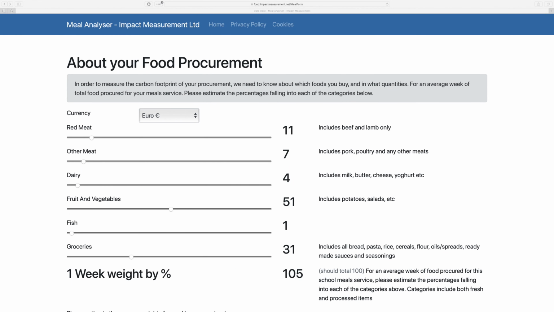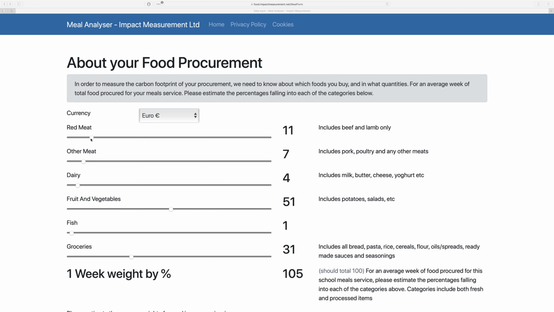When you arrive at the data entry page, you'll find that the page is divided into sections which reflect the different parts of the procurement that we need to know about to do the calculations. The first section you'll see the food categories, and you can see these down the left-hand side. And what we ask you to do is to show 1 week's weight of each food category by percentage.